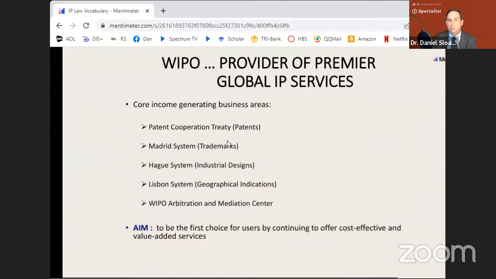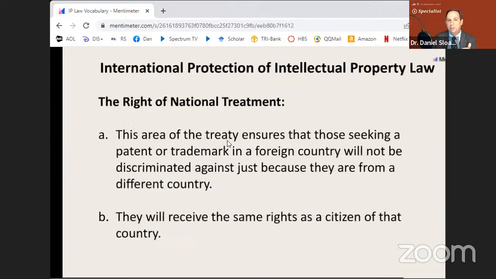So the world provider of global IP services is the UN, and some of the things that you can do: patent cooperation treaties, like patents, trademarks, industrial designs, geographical indications, and then WIPO, which I just mentioned.